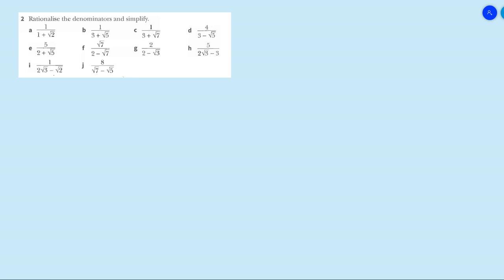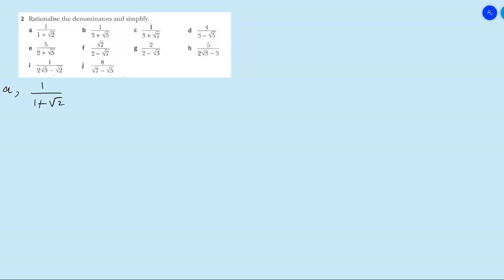Rationalizing the denominators and simplify. Same question, but this time the denominator is not a single number. Sorry, in the previous question there was only one number in the denominator, but in this question, in each and every part, there are two numbers in the denominator.